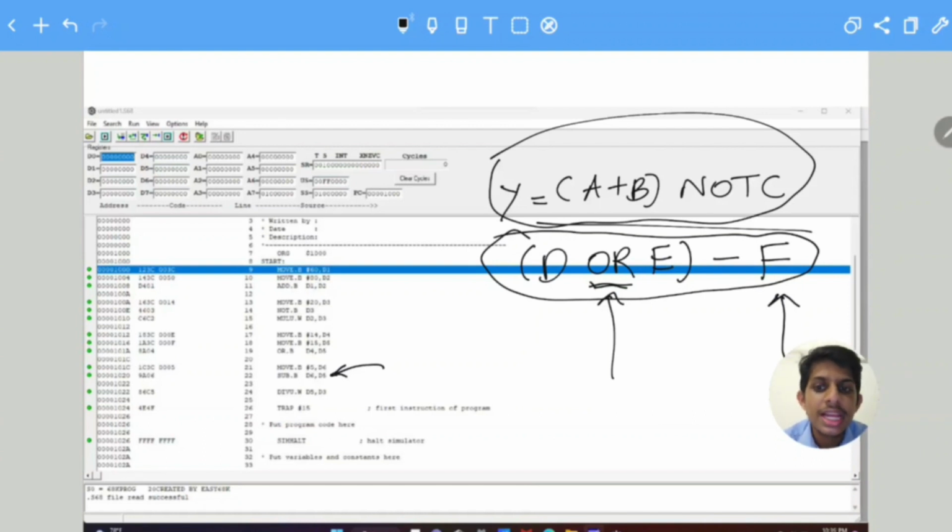Now I will do sub.B D6,D5. Sub means subtraction, it means minus. The data in D6 will be subtracted from the data in D5.